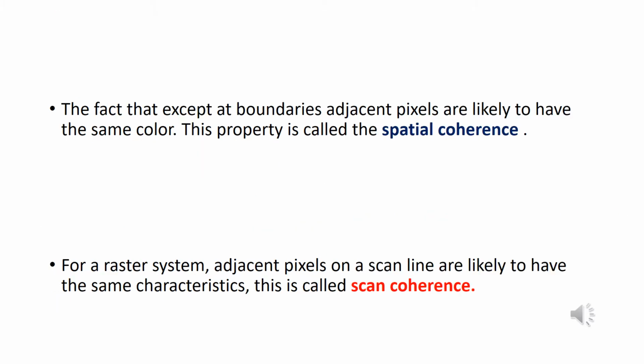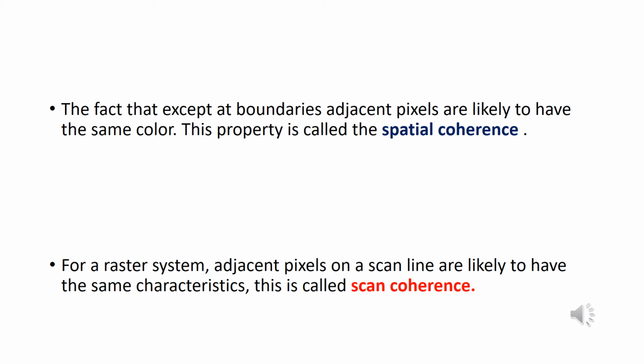Before going into the details of the scanline fill algorithm, we have to know the property of spatial coherence. What is that? For a particular region, adjacent pixels are likely to have the same color, but this property is not observed at the boundary region.